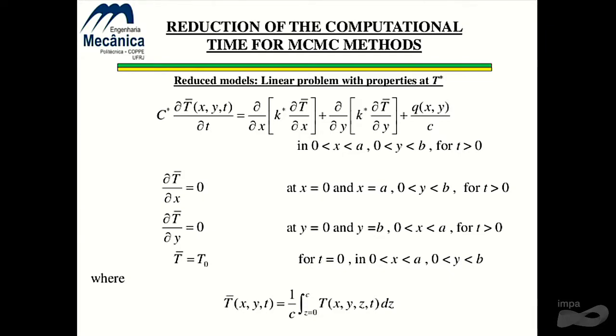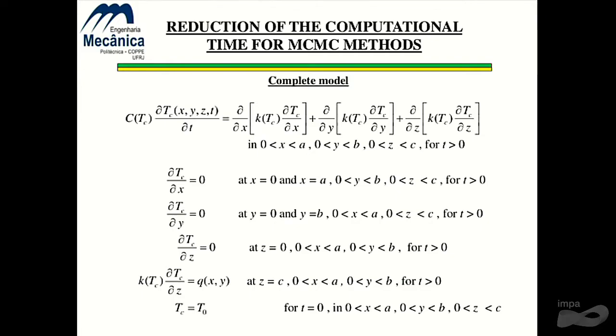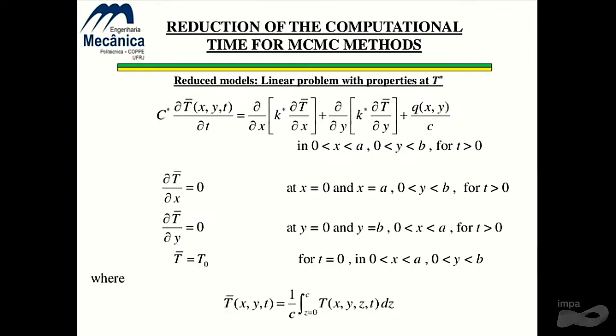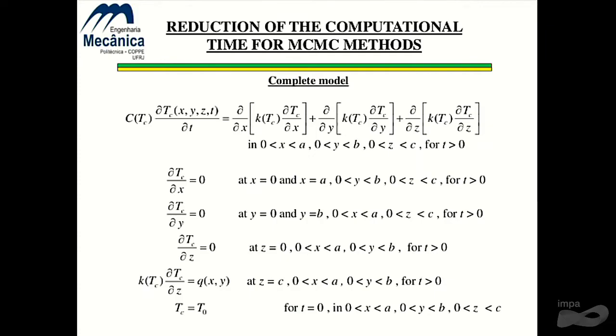And instead of working with this three-dimensional problem, after I linearize, I integrate in Z. I integrate in Z, and I work with the mean temperature in the Z direction, instead of working with the actual three-dimensional temperature.